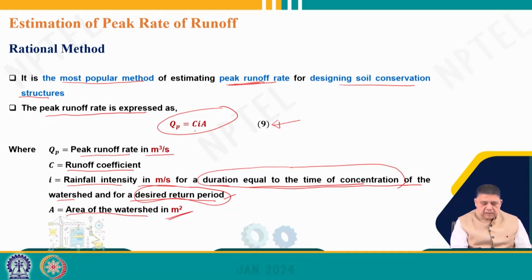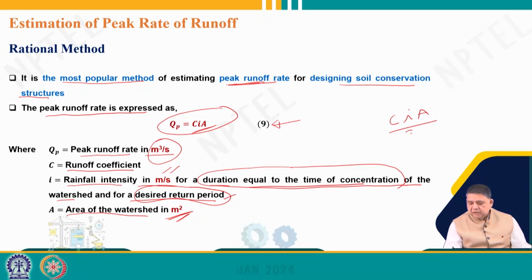Here it is written in plain form, CIA. I is in meter per second, area is in square meter, which is why we get QP in cubic meter per second. In some textbooks, you will find this relationship in the form QP equals CIA by 36, but the units there are centimeter per hour and area is in hectares.